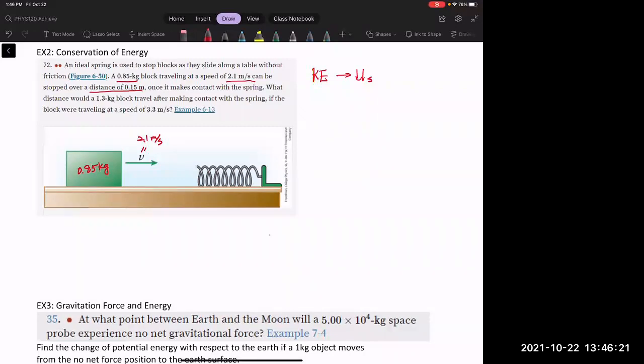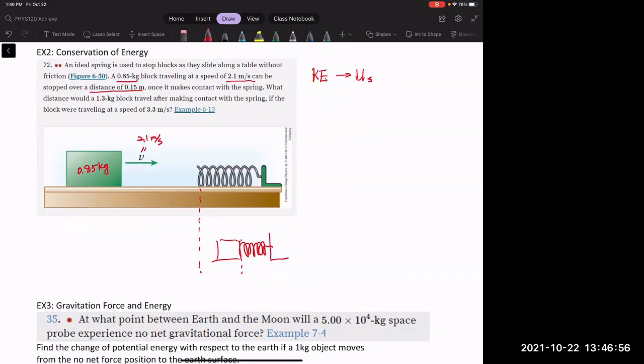Now, they told you it will stop over a distance of 0.15 meter, which means afterwards, you're going to have the system like this. So the block is not far away from the 0.85 kilogram. It will compress this. So if you look at the distance from here to here, the difference of this is given a 3.3 meters.